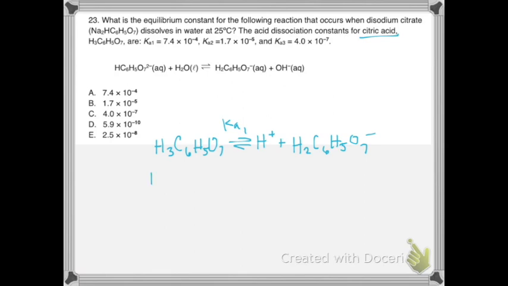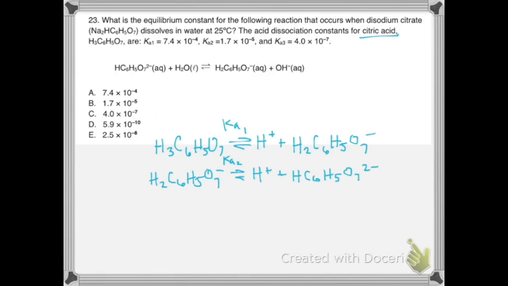Then we can take that species and it will lose a proton and form HC6H5O7 2 minus with Ka2.